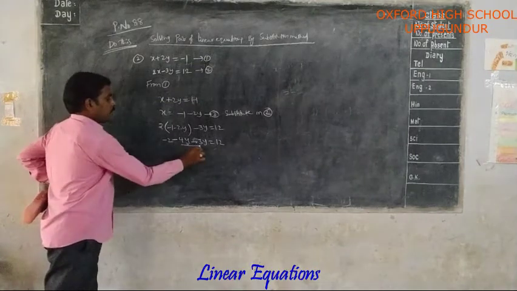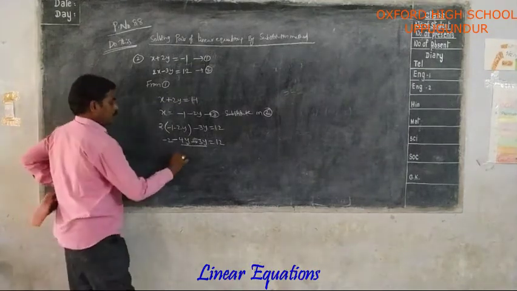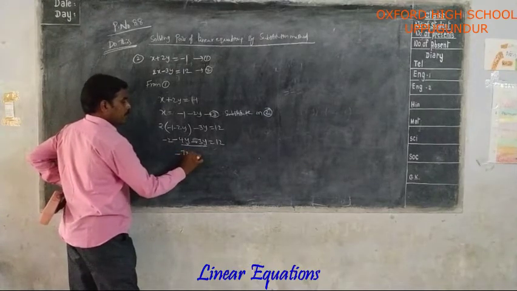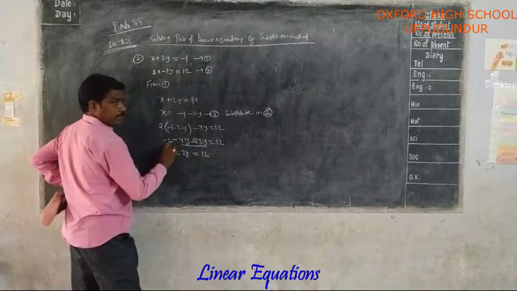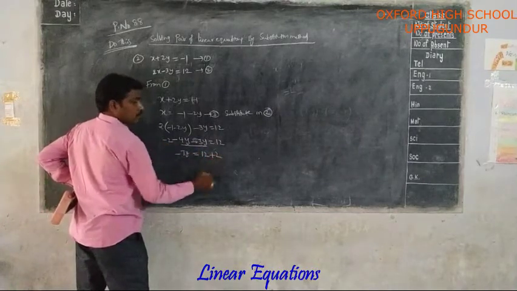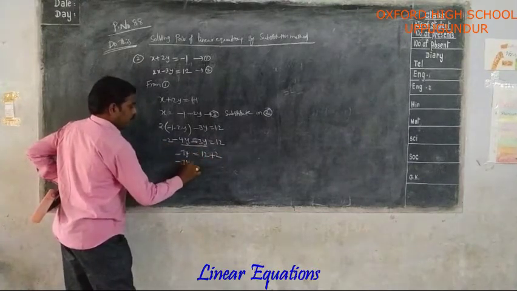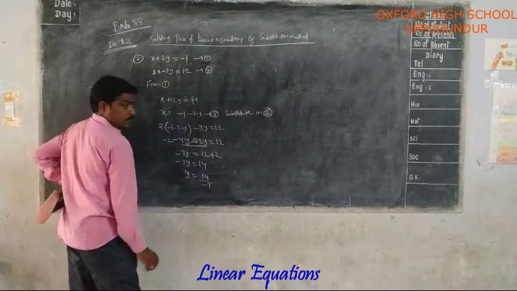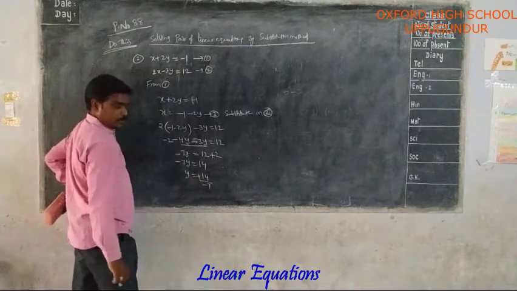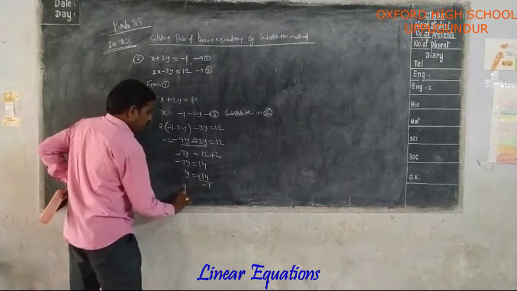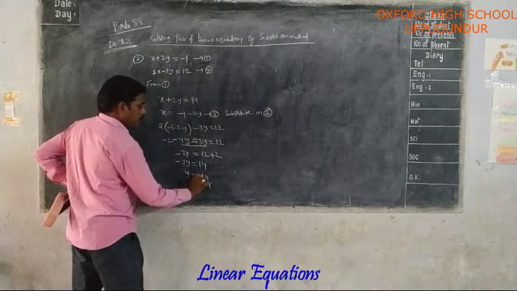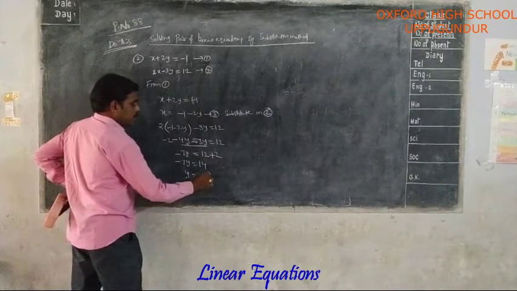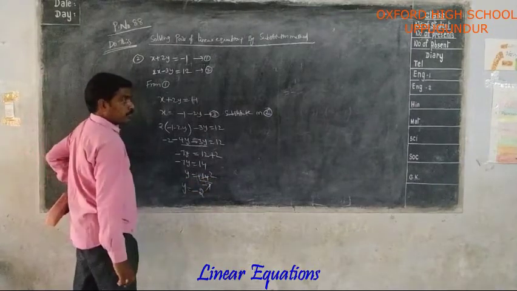These two are like terms, minus 4y minus 3y, both negative signs, so you have to add. Minus 7y equal to 12, transposing minus 2 to the right side becomes plus. Minus 7y equal to 14. y equal to 14 by minus 7. Numerator and denominator have opposite signs, so the sign of the division is negative. 7 ones are 7, 7 twos are 14. y equal to minus 2.